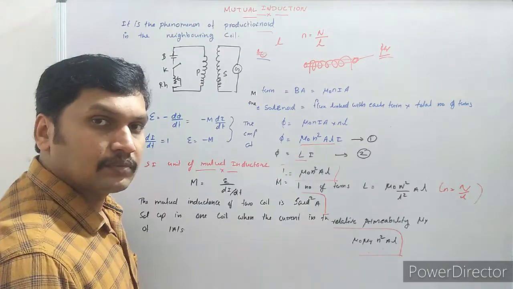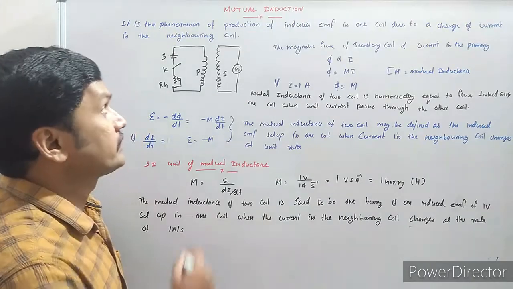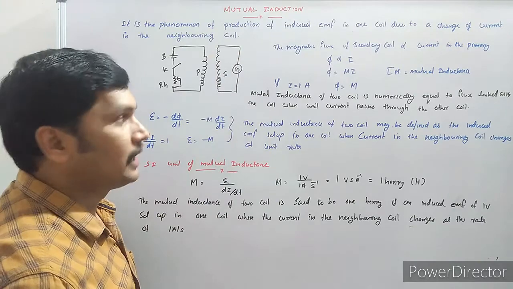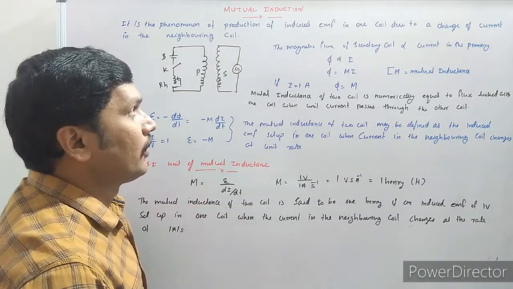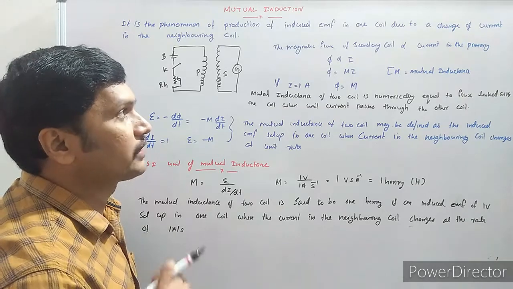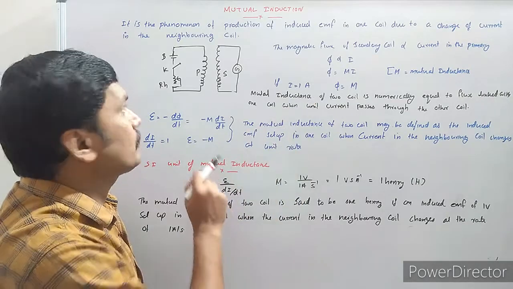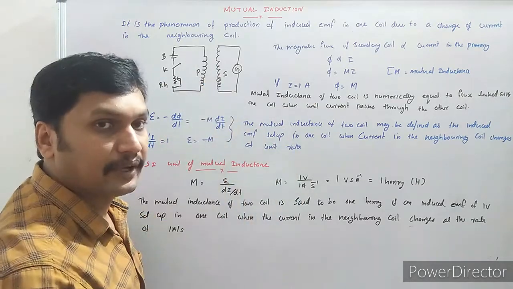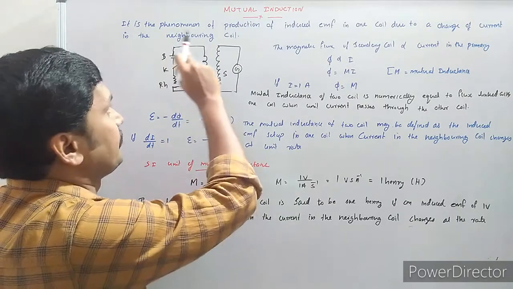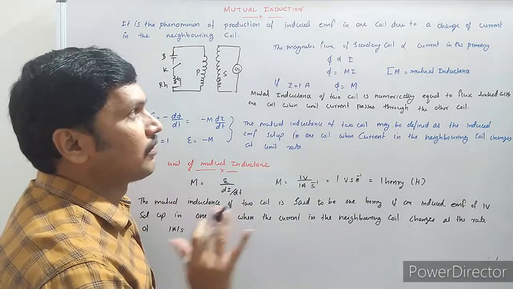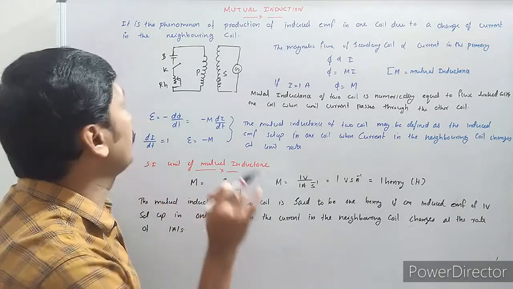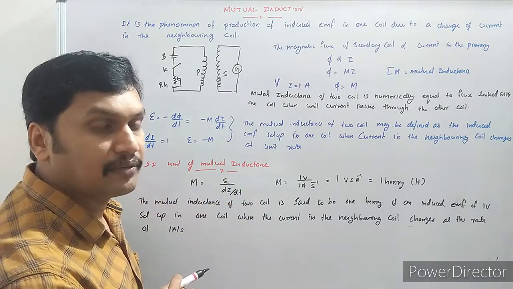Now let us see what this phenomenon of mutual induction is. It is the phenomenon of production of induced EMF in one coil due to a change of current in the neighboring coil.